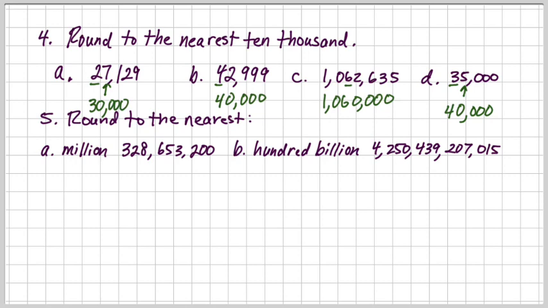All right, let's see how you did. For the nearest million, the 8 is in the millions place, and we're going to round that up because of the 6. So it'll be 329, and then the rest that follows is all zeros. That's what we get when we round to the nearest million: 329 million.